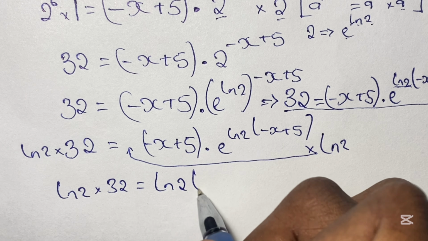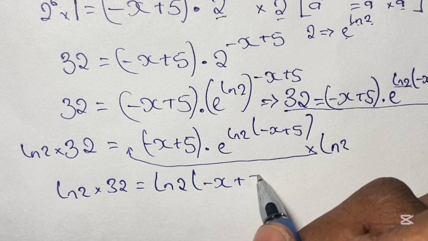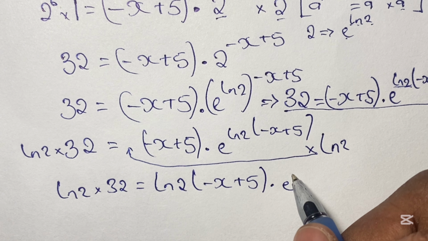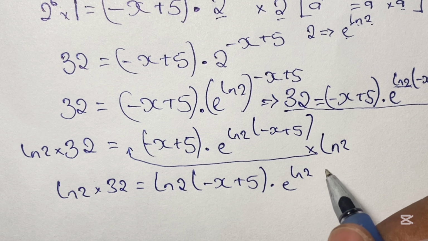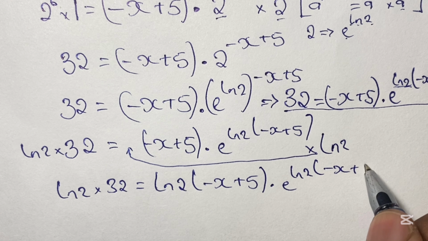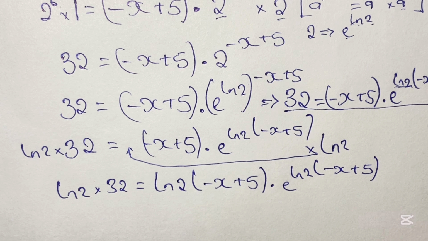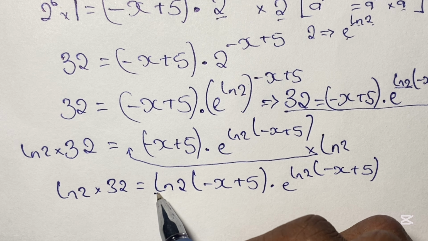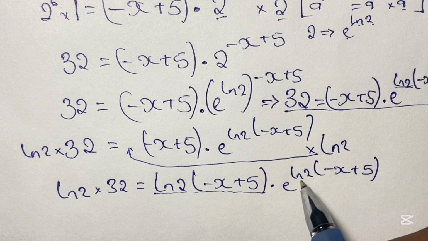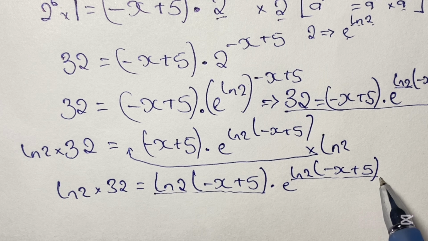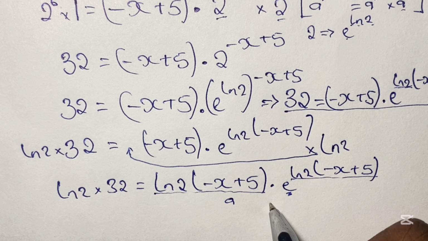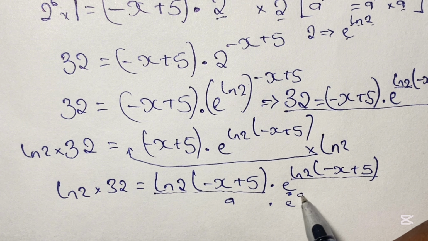So we can start by saying ln of 2 times (negative x plus 5) times e to the power of ln of 2 in brackets (negative x plus 5). So here we have ln of 2 in brackets (negative x plus 5) times e to the power of ln of 2 in brackets (negative x plus 5). So we have our e in the middle, so we have a times e to the power of a.